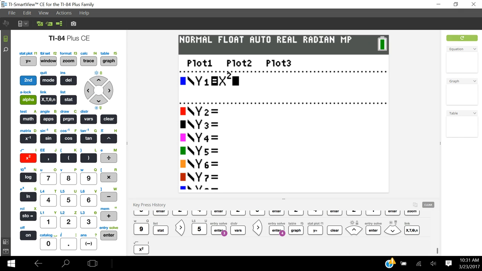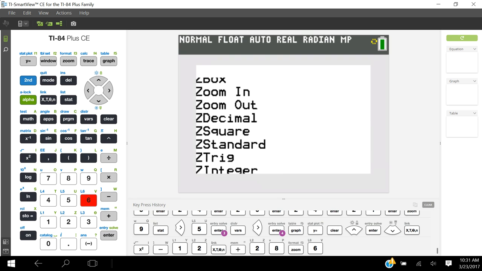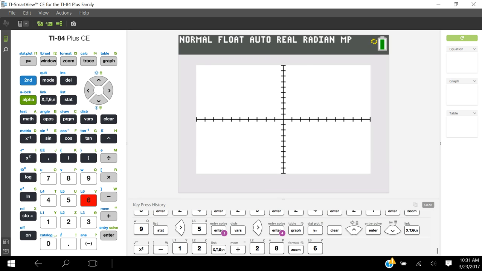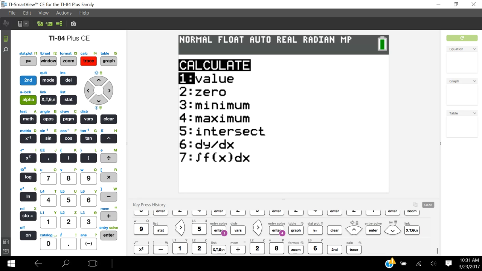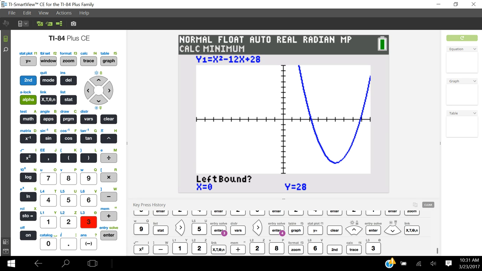X squared minus 12x plus 28. Zoom 6. What is the vertex? Second, trace. It's a minimum 3.